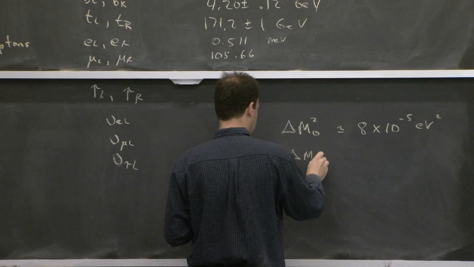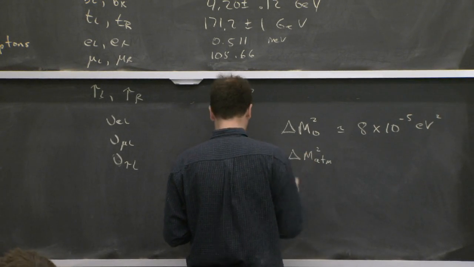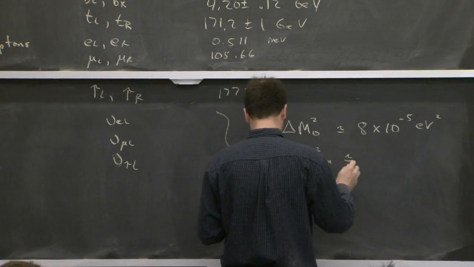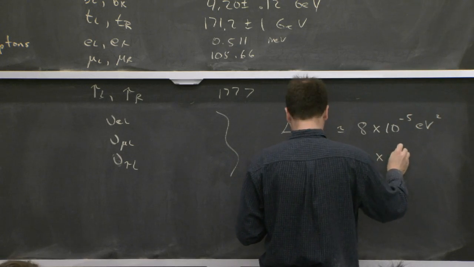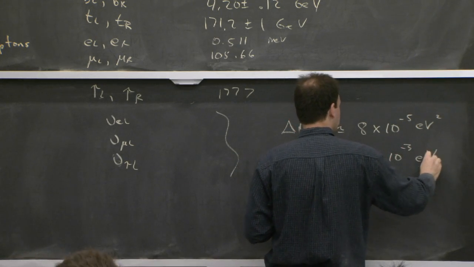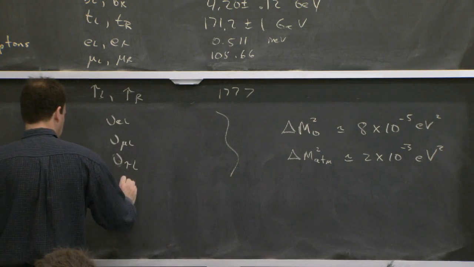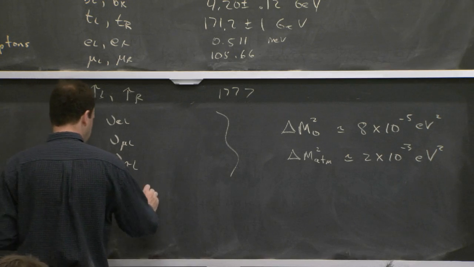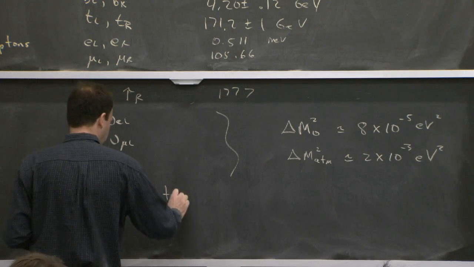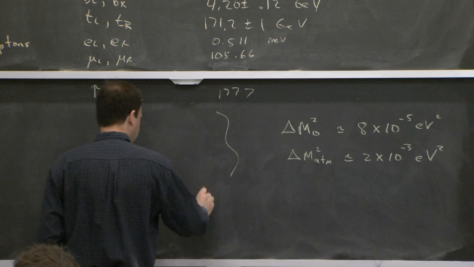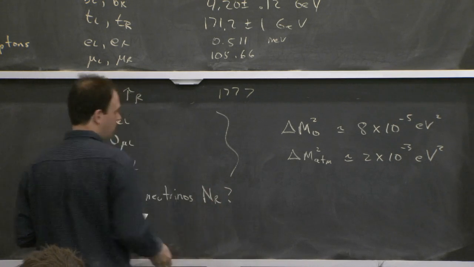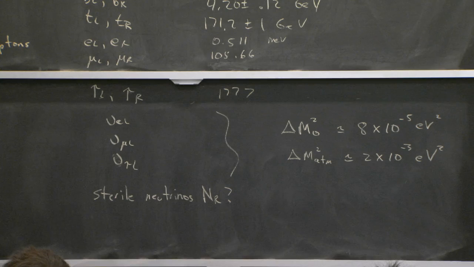We also know that overall these things are quite light, from cosmological constraints and otherwise. And we don't really know about anything like a sterile neutrino, although we could put bounds on its mass. So even within the standard model, there are a lot of different scales.